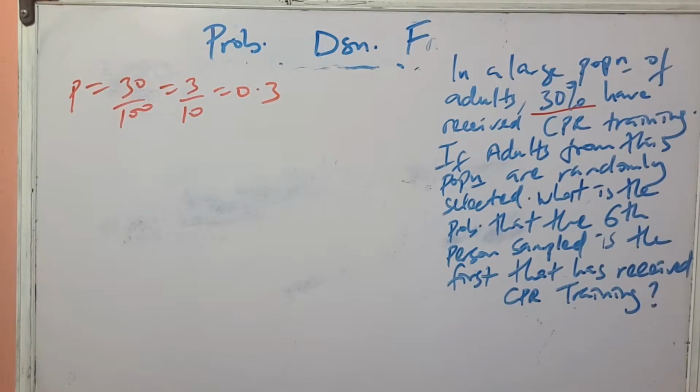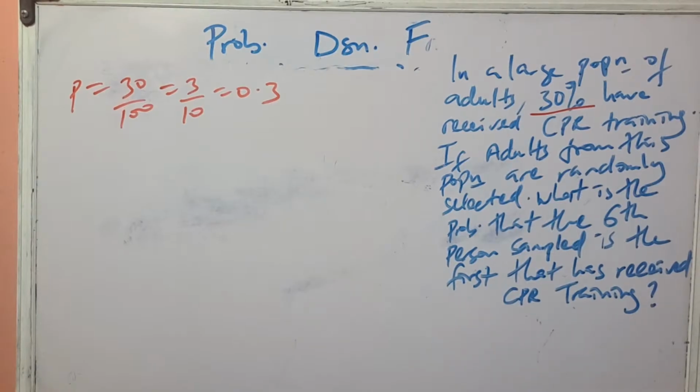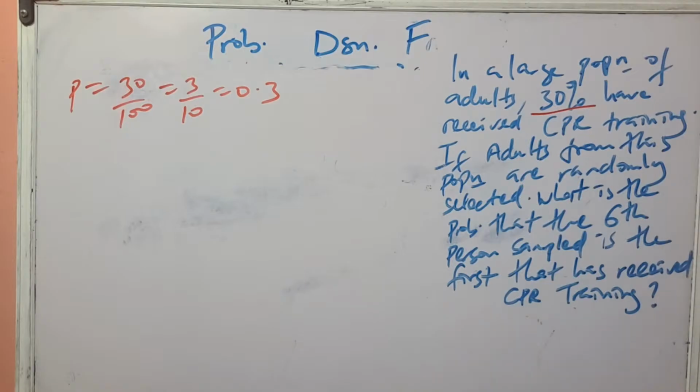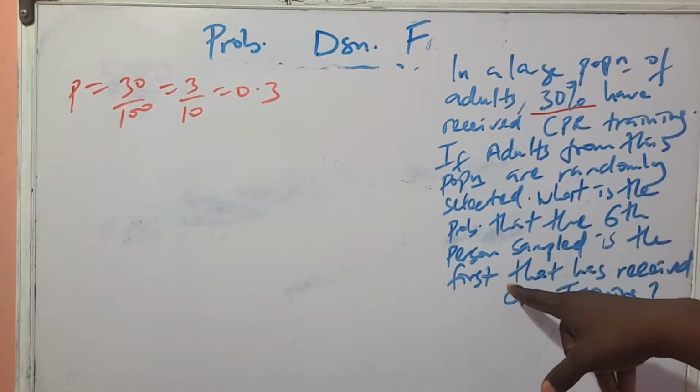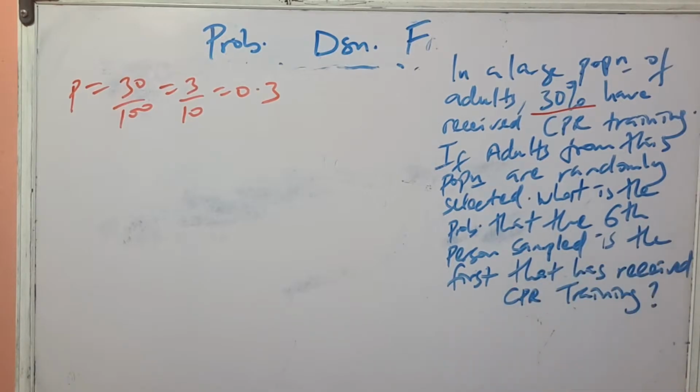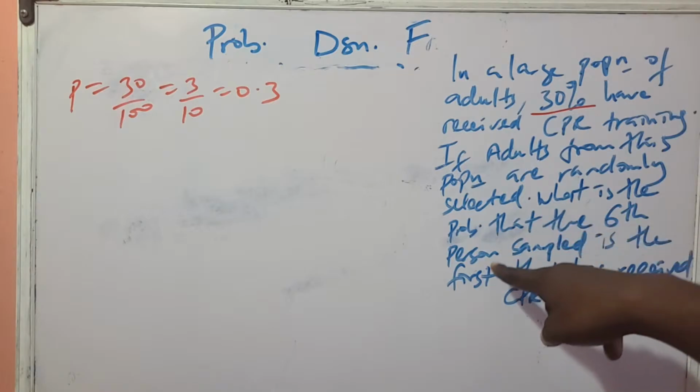All you have is an understanding of the direction of the question. They said, what's the probability that the sixth person? That means it's like you were having trials. You pick the first, the second, the third, the fourth, the fifth, the sixth. You're now saying what's the probability that the sixth trial was what gave you the first success. That means the sixth person sampled.